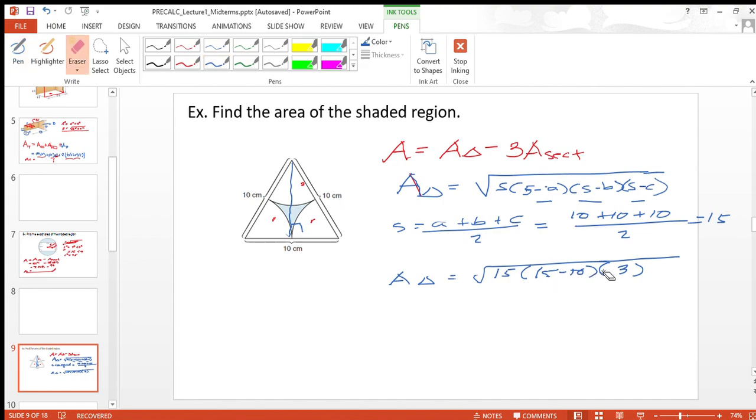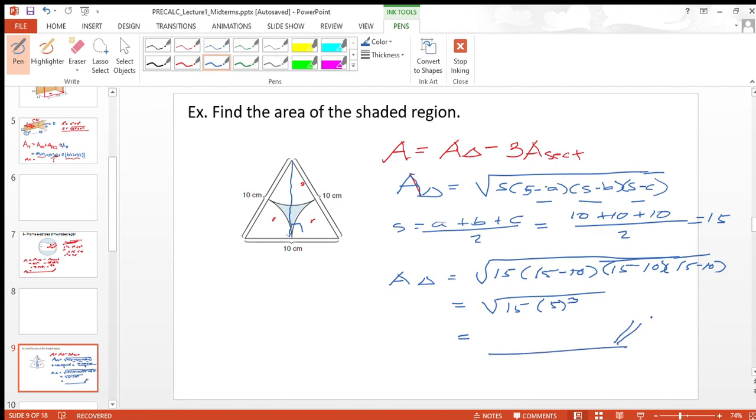Please forgive me for that. So that will be the square root of 15 times 15 minus 10 cubed, or 15 times 5 times 5 times 5. That's 5 cubed. Anyway, just compute the value for this area of the triangle.